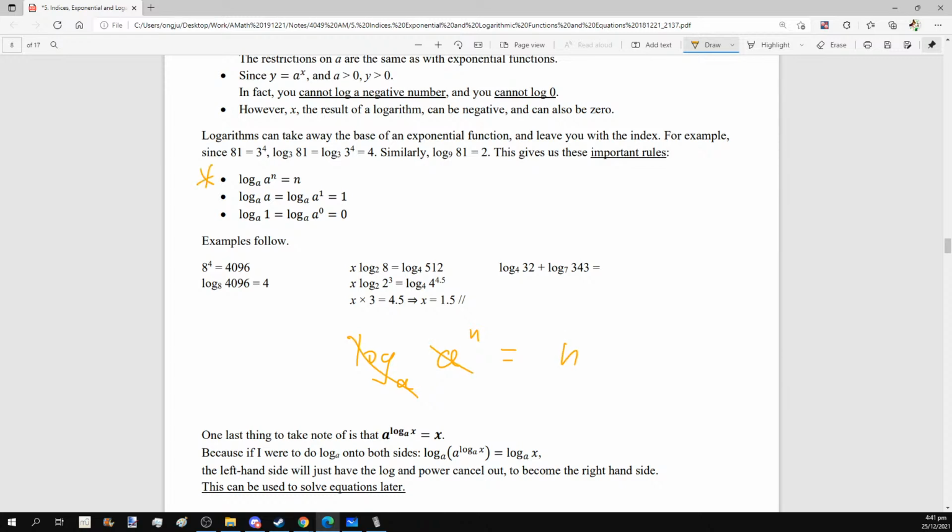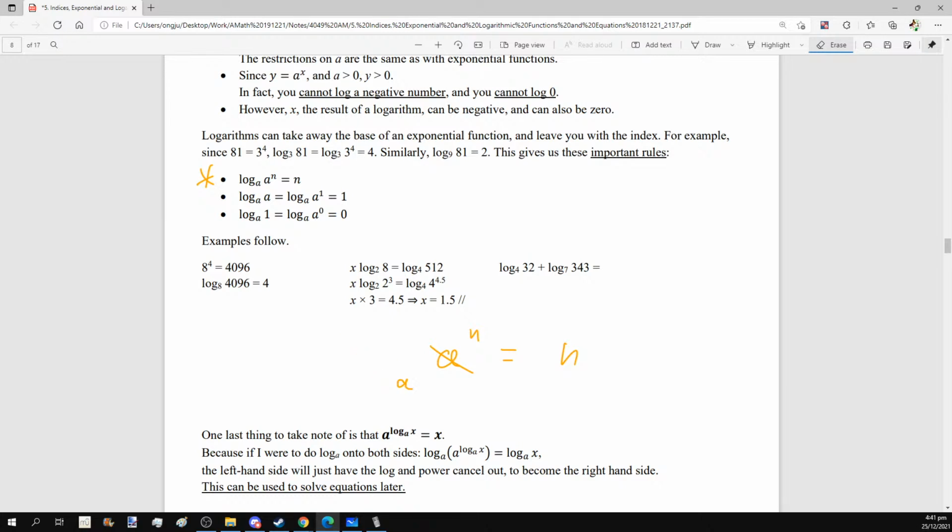This is the first rule. You can imagine this as doing 3 multiplied by 5 divided by 5. Multiplication and division are supposed to be opposites. They'll cancel each other out. You still get back 3. Over here it's the same thing. The logarithm and the exponential cancel each other out.